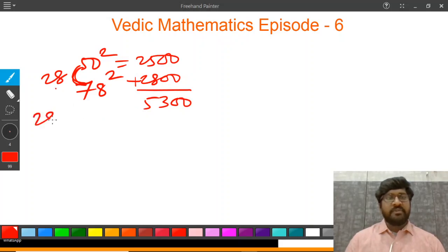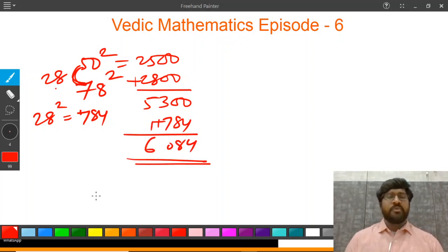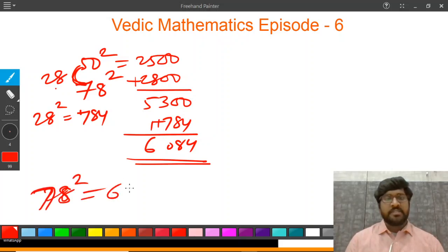And since the difference is 28, 28 square is 784. I should add 784 to this. If I add, this becomes 6084. So 78 square is 6084.